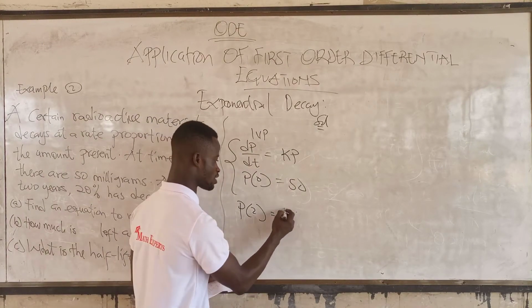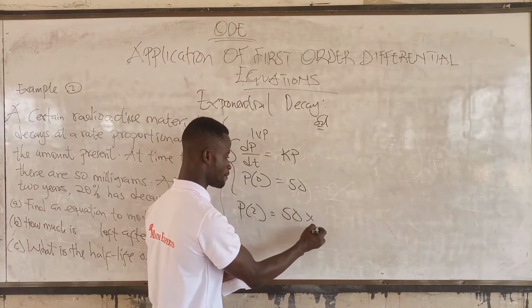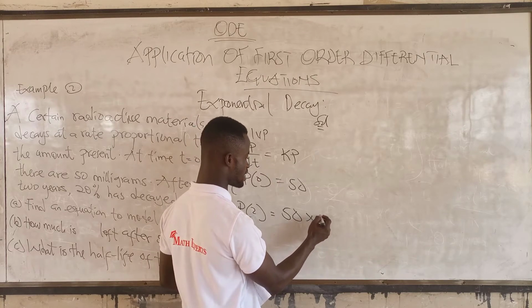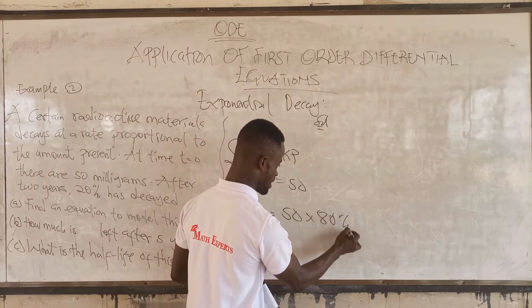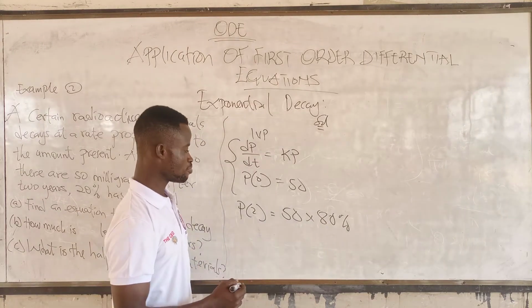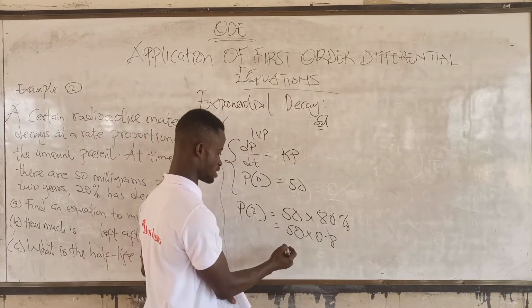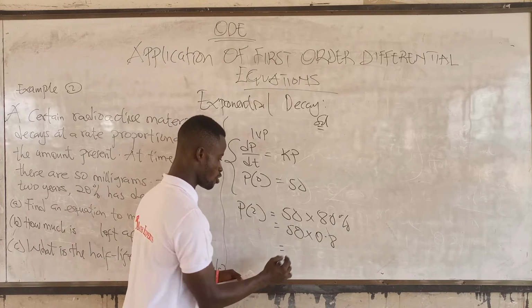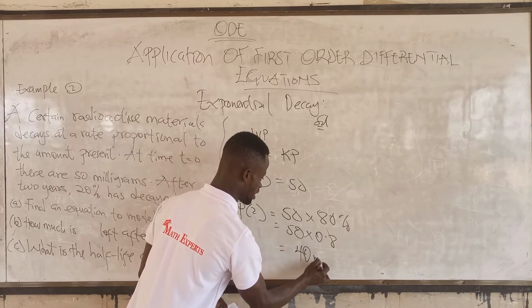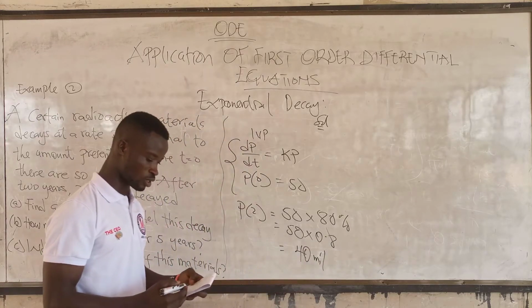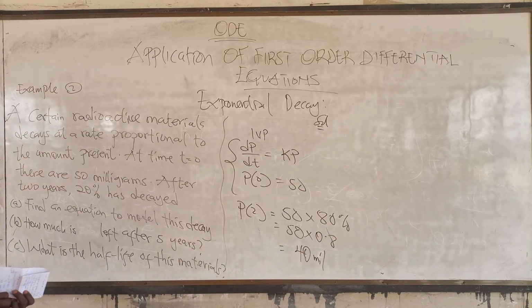So we multiply this 50 by 80%, which is the same as 50 times 0.8, and that is going to give you 40 milligrams. I hope you can see how it is going. Interesting. Think like that. Very good.